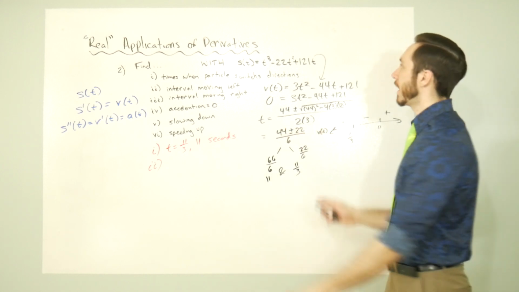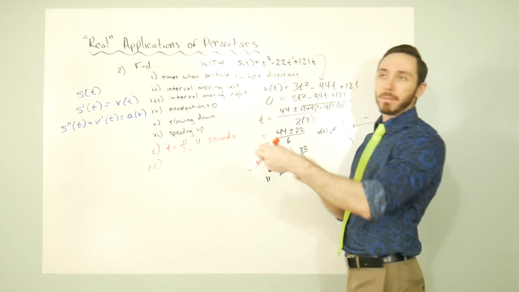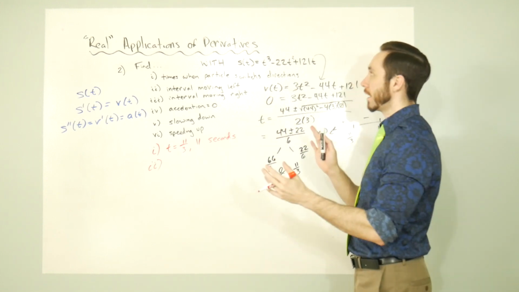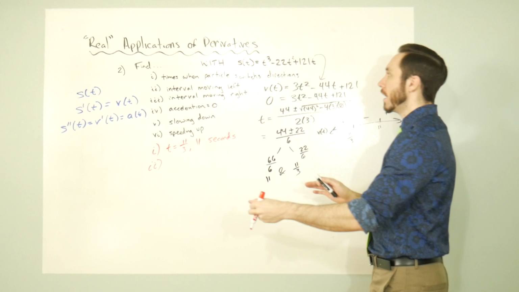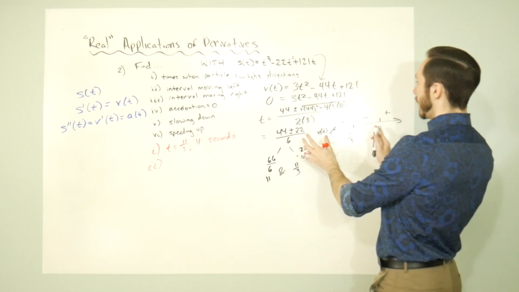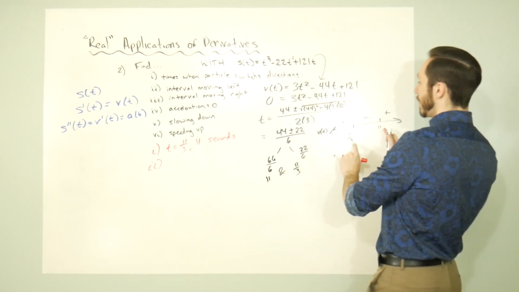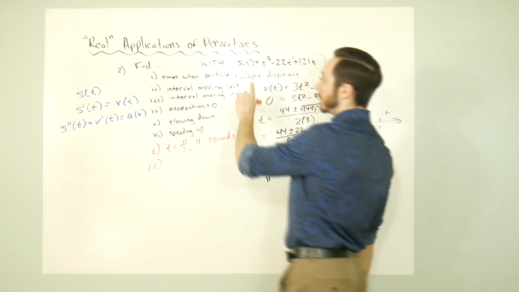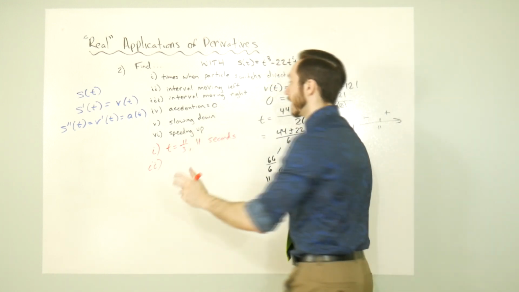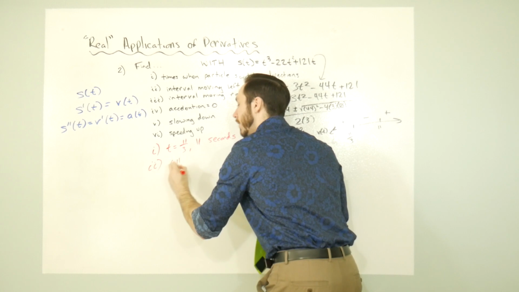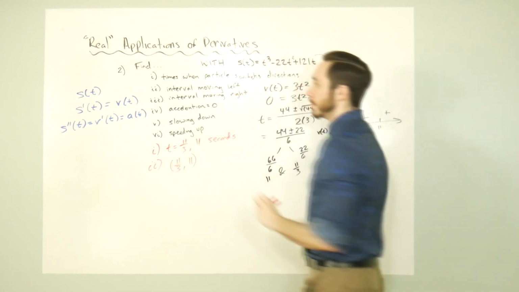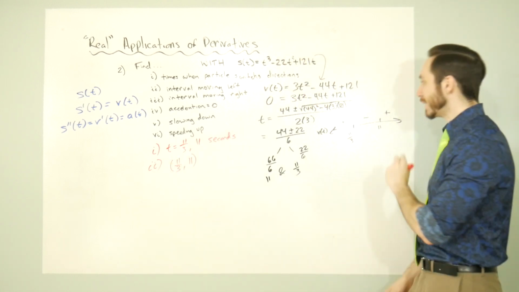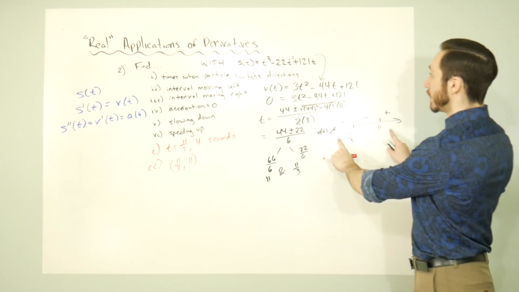We stated earlier that any negative output would be units to the left and any positive output would be units to the right. So we have a negative velocity from 11 over 3 to 11. So from 11 over 3 to 11 we are moving left, which would then mean the rest would be moving right.